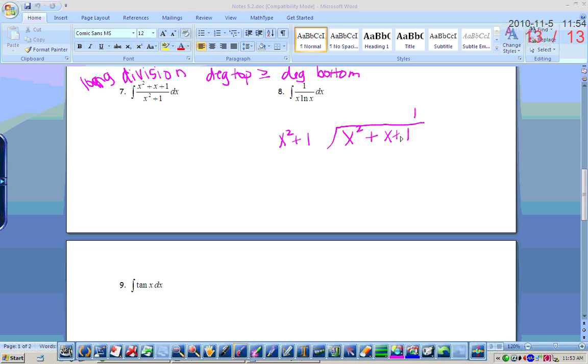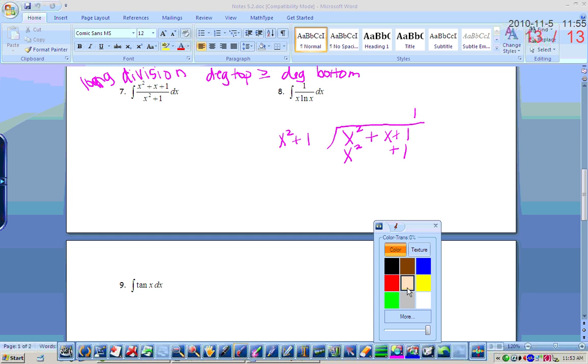And I'm going to stick it all the way over here to the right because I like to keep anything with an x squared lined up in the first column, anything with an x lined up in the second column, and all my constants lined up in the third column. Then you take 1 and multiply it by the x squared plus 1, and you get x squared plus 1. Once again, I'm going to keep my x squareds lined up, my x's, and my 1's.